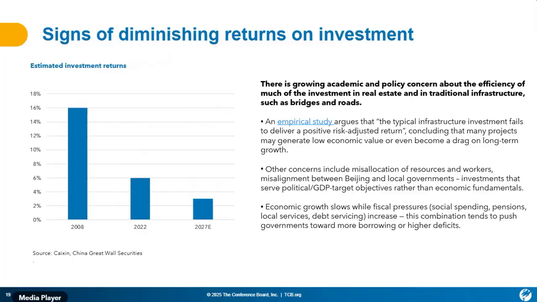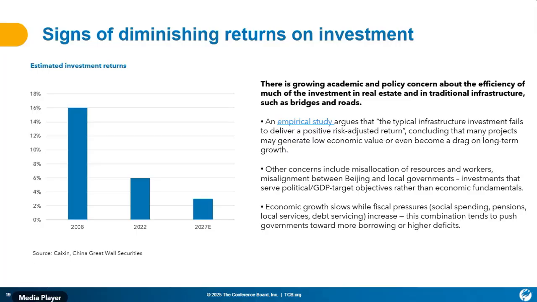Returns on investment are low and diminishing. China has invested significantly in infrastructure, as we all know. There's not a whole lot of infrastructure to do. A lot of what China is spending on now relates to climate defense and national market integration, trying to make logistics and transport networks more efficient on a nationwide basis.